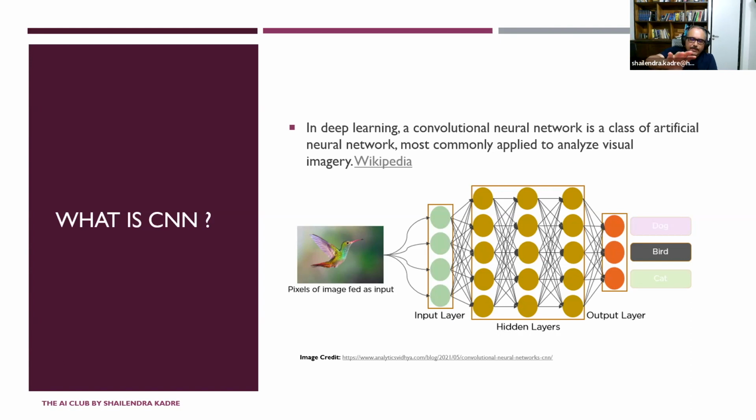Suppose you have a bird image like this, which is 256 wide and 256 high, 256 by 256 pixels. So 256 multiplied by 256, that many features will be there in the input image. It is very difficult to deal with such high dimensionality. Can somebody calculate how much 256 into 256 will be?